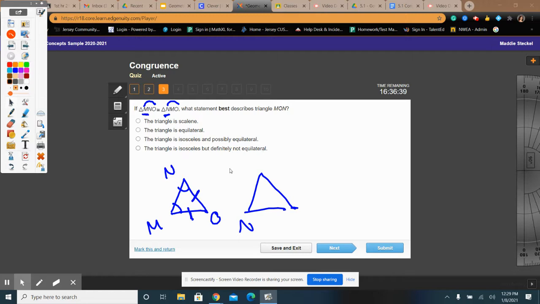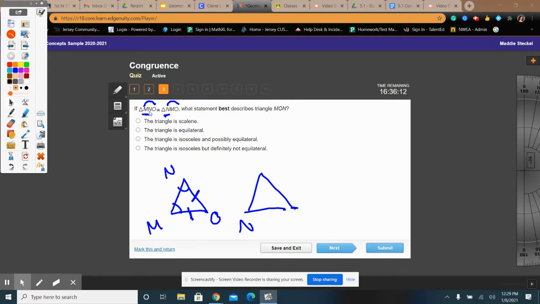Now, it's not necessarily equilateral, because that last one they didn't tell us, but could MN be equal to the other? Let me think for a minute, guys. Shouldn't be this hard. Well, what if they made another statement where they said that MN matched with MO?